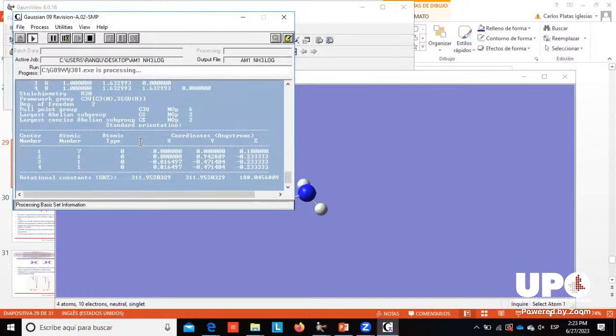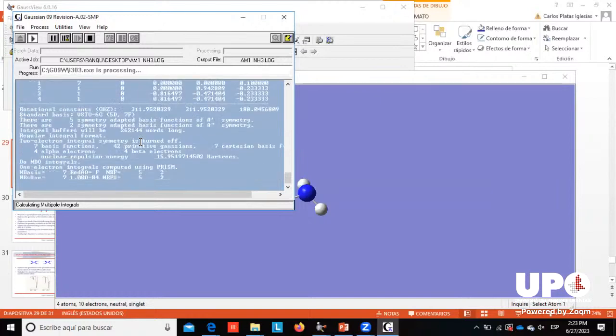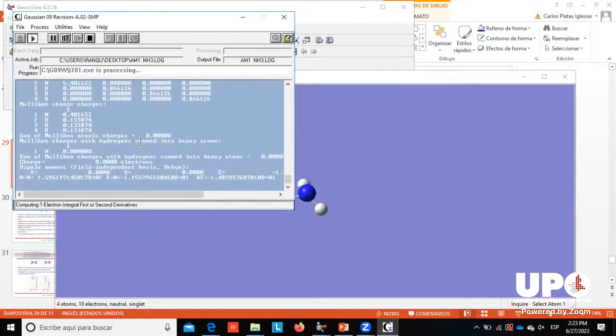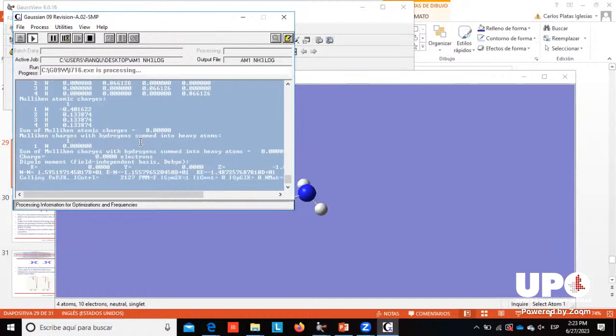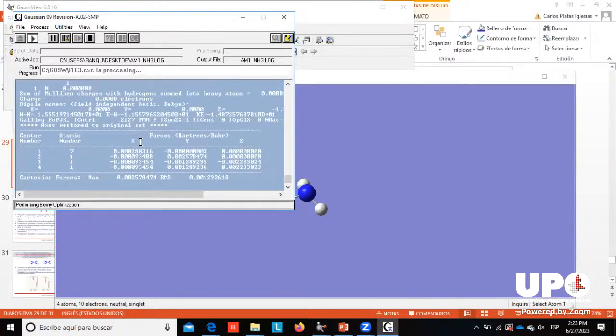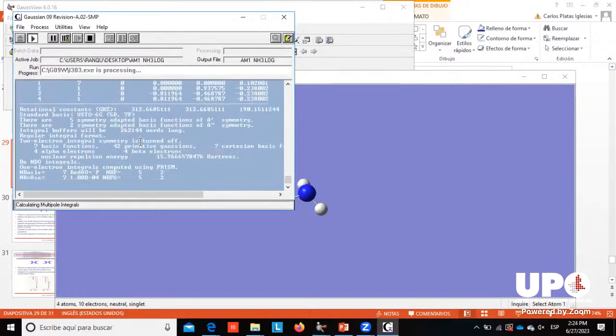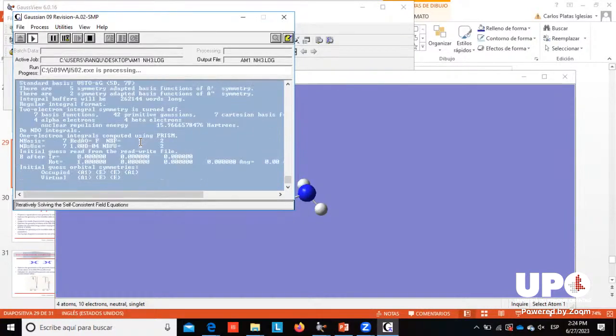So GaussView is connecting directly to Gaussian and launches the program, and the program is running. It's giving us some information over there. But at the end, we can go through the output file if we want, and analyze what kind of information we have there.